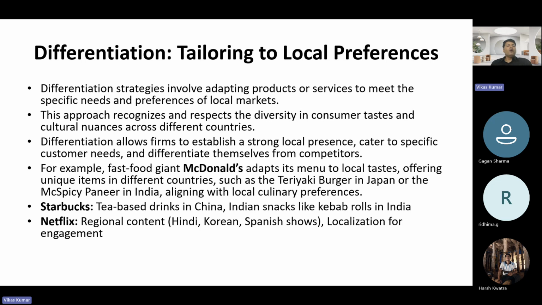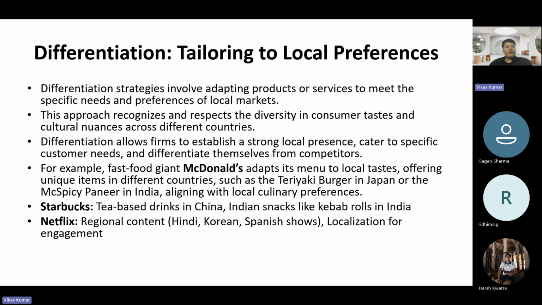For example, the fast food giant McDonald's adapts its menu to the local taste, offering unique items in different countries, such as the teriyaki burger in Japan or the McSpicy Paneer in India, which align with local preferences and local food choices.